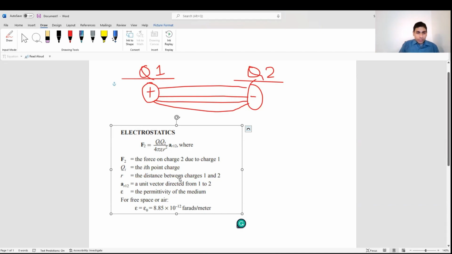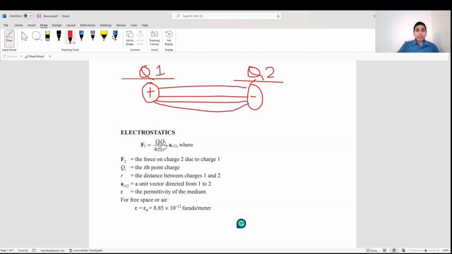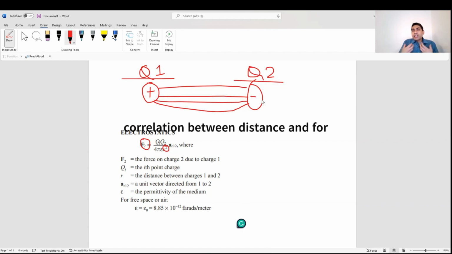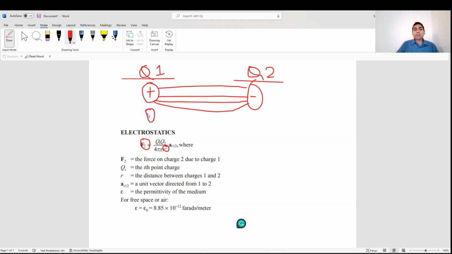Now, you can pretty much understand from this the correlation between distance and the force. As you get the charge further and further away, there would be less and less attraction between them. Suppose I keep my charge Q1 over here, and I take my charge Q2 further away from here.